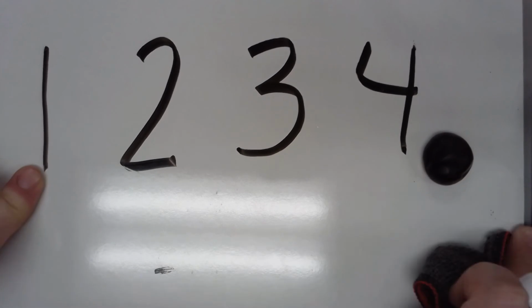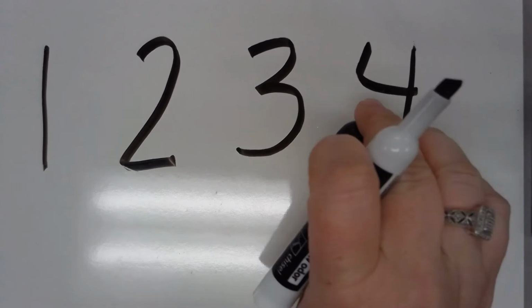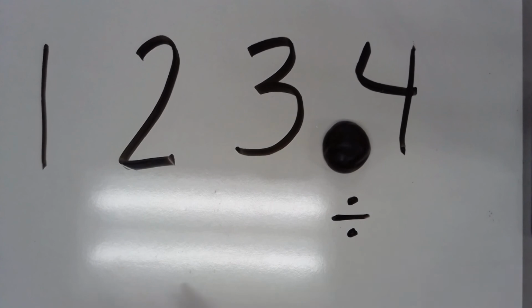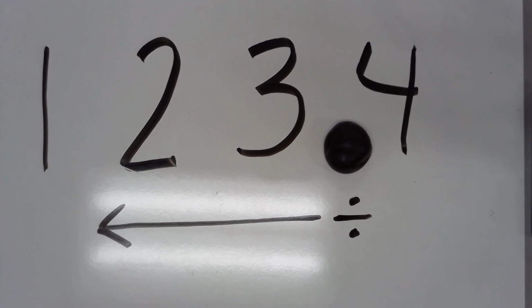Now, let's try the decimal dividing. So when we divide, the numbers are going to get smaller. So they're going to move to the left. Think of a pizza. If you have a pizza by yourself, you're going to have 8 slices. But if you have to share with your siblings, you're going to get less and less each sibling you have.